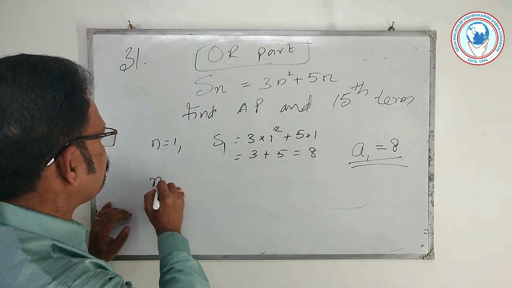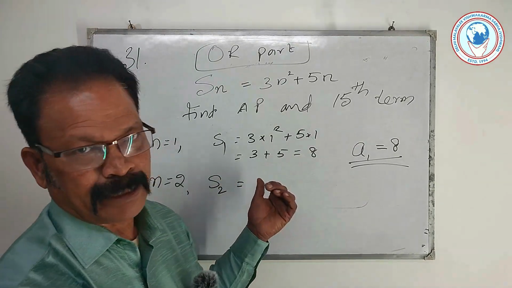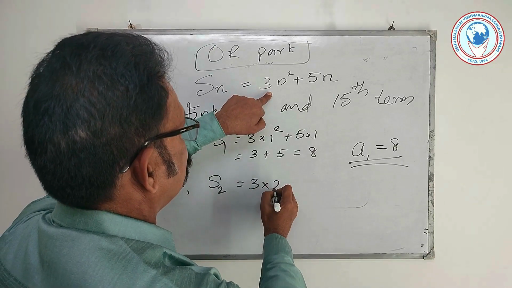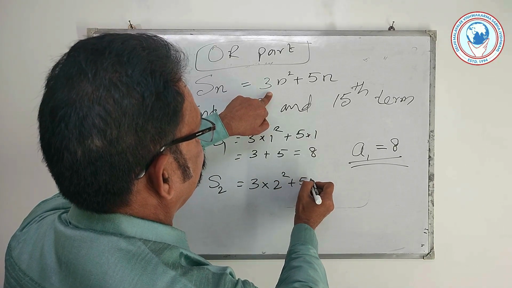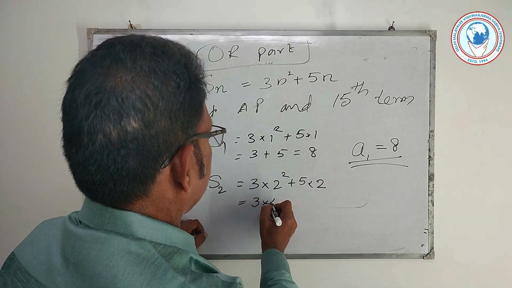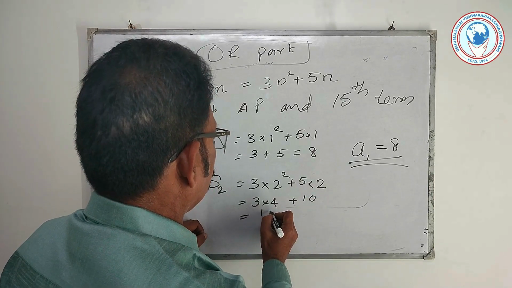If we put n is equal to 2, then S2, that means the sum of the first two terms, is 3 into 2 square plus 5 into 2. 3 into 4 plus 10, that is equal to 12 plus 10.